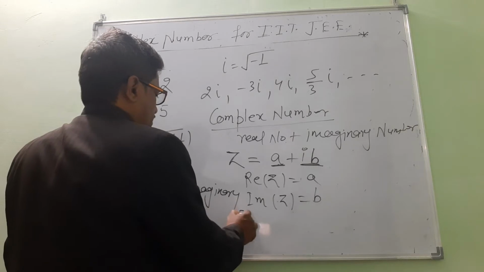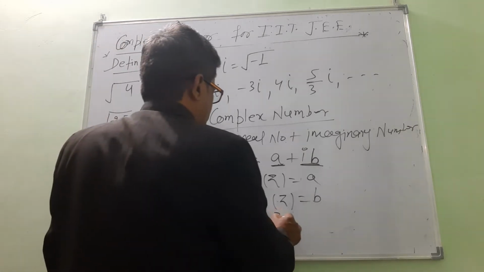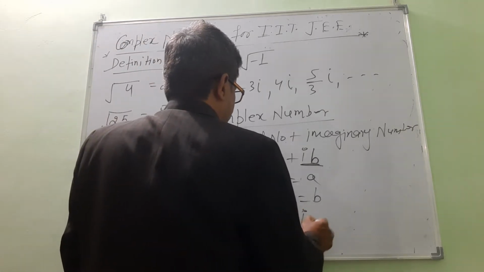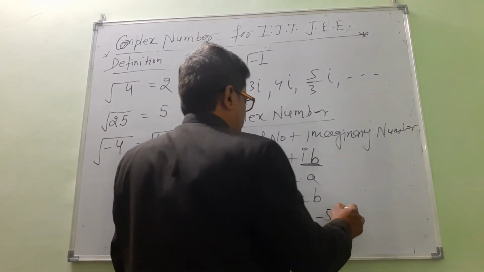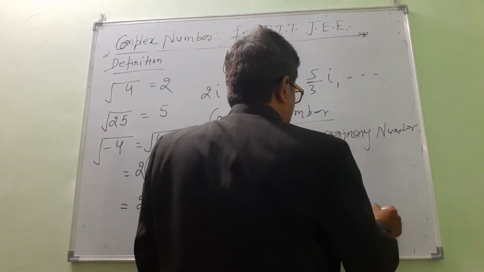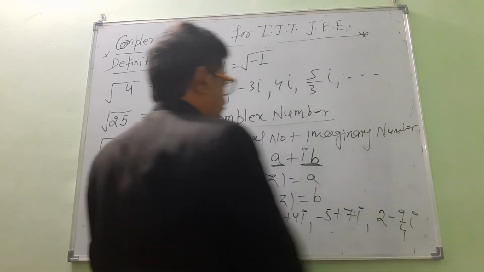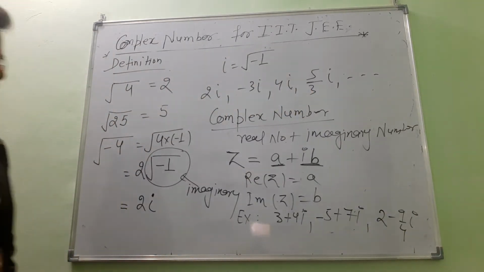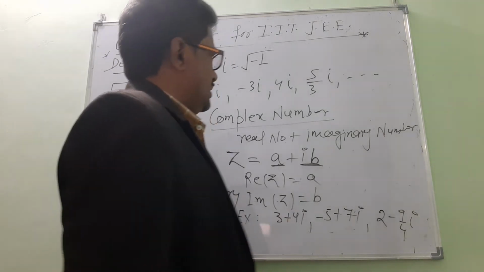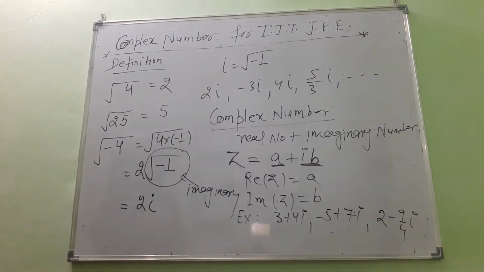So we take some examples: 3 plus 4 iota, minus 5 plus 7 iota, 2 minus 9 by 4 iota. These all are complex numbers. This is the real part and this is the imaginary part. I suppose now you are clear what a complex number is.